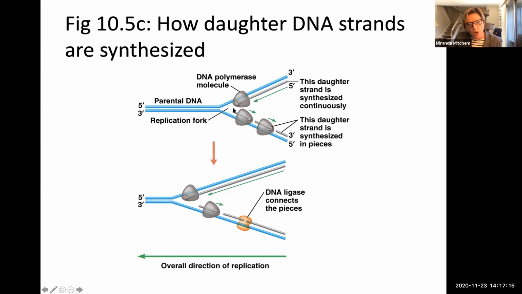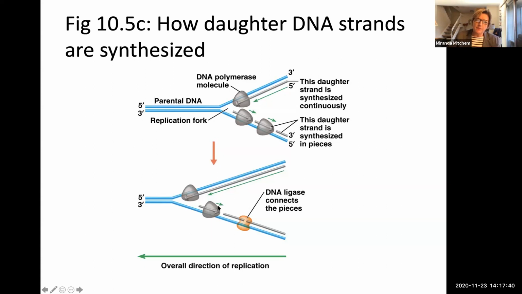It has to grow starting at the 5' end and then adds on 3'. But our template strand does not have the chemistry set up this way. Notice that the template strand now is beginning with 3'. But DNA polymerase doesn't work that way. It has to begin with 5', and then we add on at the 3' end.